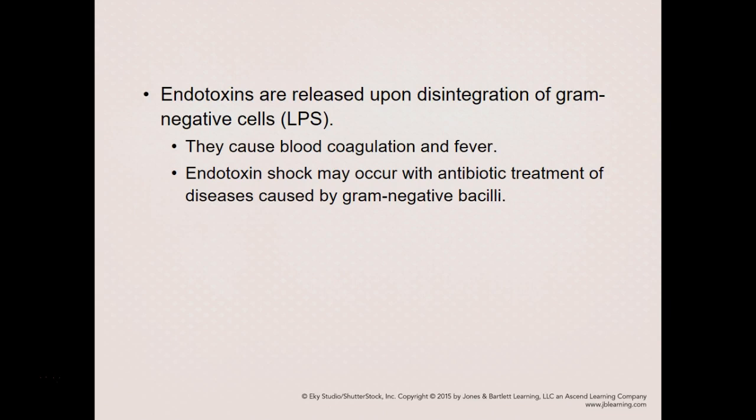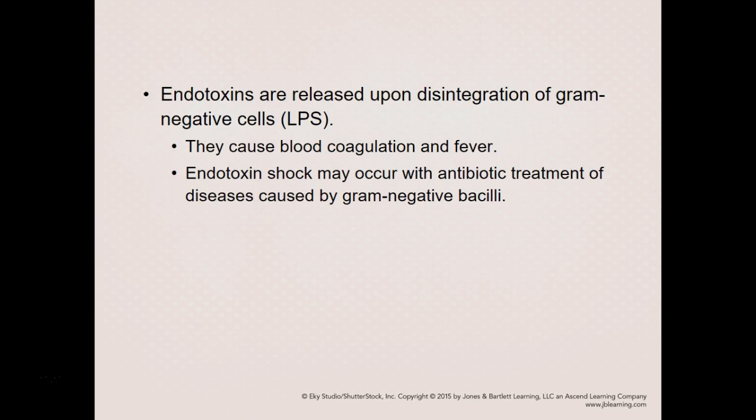We have that lipid A and then that O polysaccharide chain. It's that lipid A that is the endotoxin. And when that is released, it's released only upon death of the bacterial cell. And it always produces the same response.